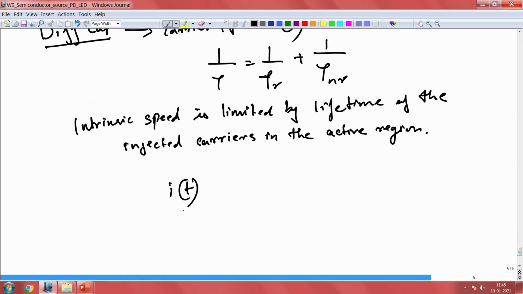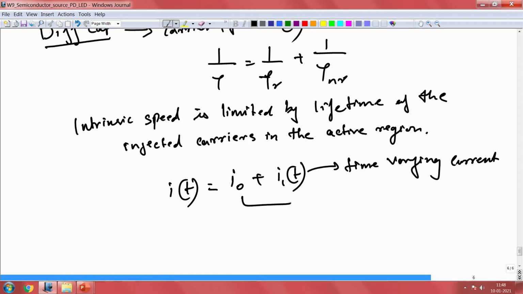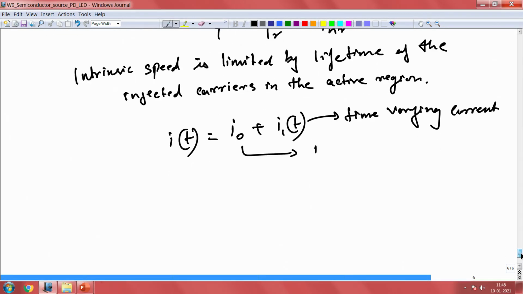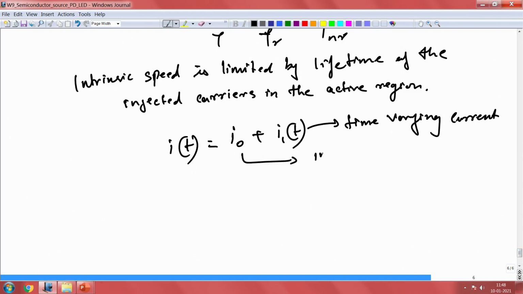I_T is the current that I want at the output. I naught is our base current, so this is our injection current, plus some I 1 of t. This is the time varying change in current that we have, and I naught is the base injection current, where you have forward bias.